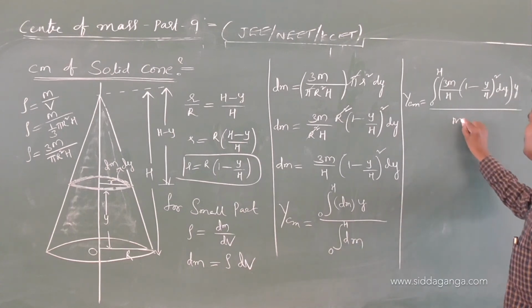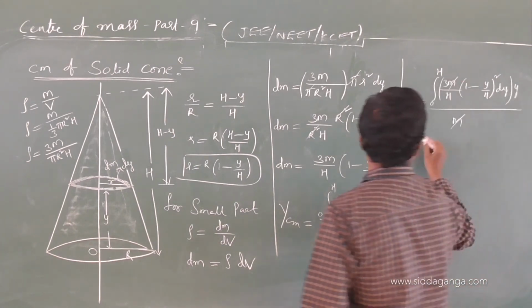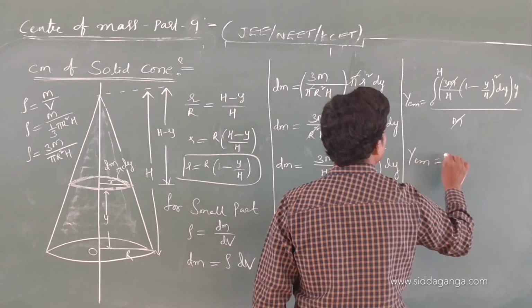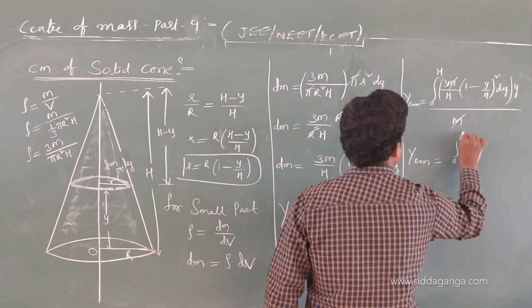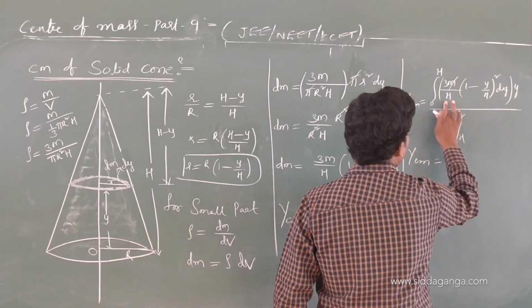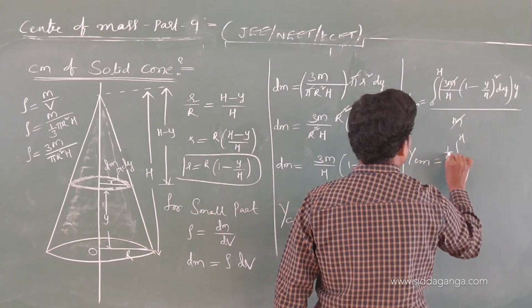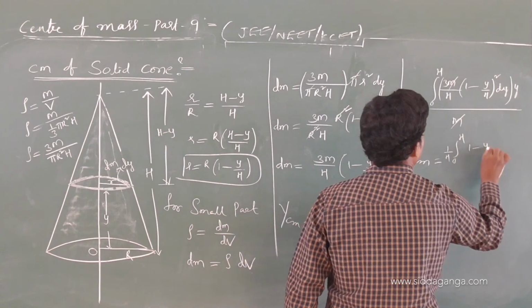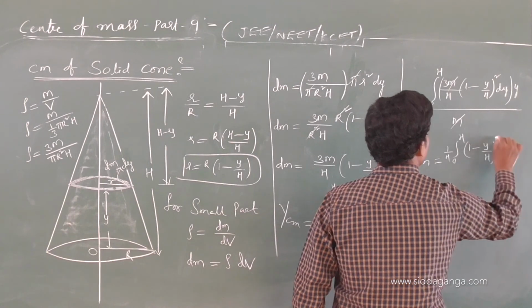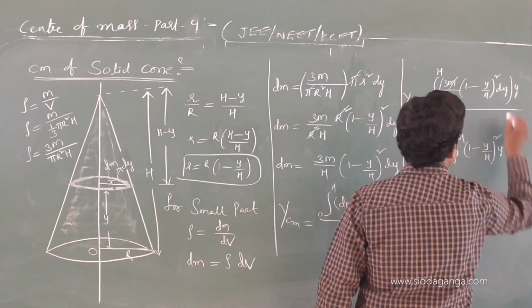You can write M directly, so it is cancelled. Let me reduce the steps now. So YCM, from 0 to h, write 1 by h outside, and the integrand is 1 minus y by h whole square, into y dy.